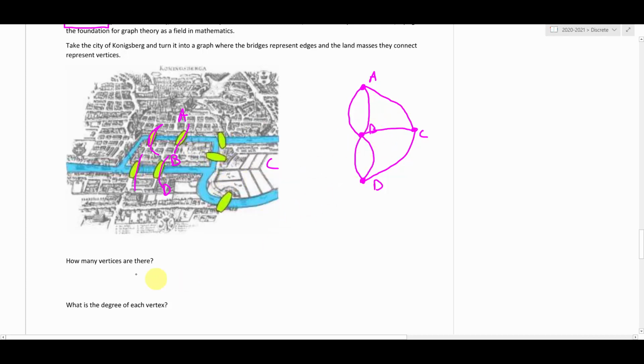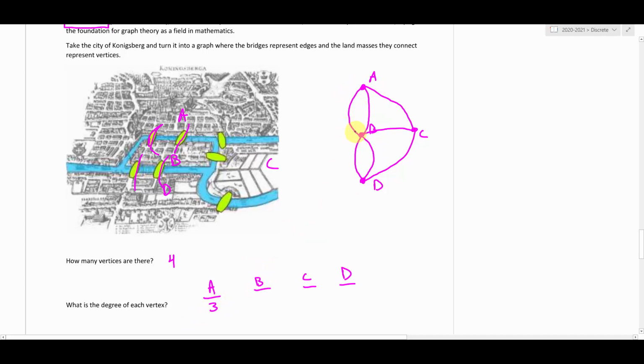So we've got a graph, and the first question we want to know is how many vertices are there? Well, there's 1, 2, 3, 4 vertices, and then it wants to know the degree of each vertex. So let's just list them out here. We got A, B, C, and D. If I look at vertex A, there's 1, 2, 3 edges, so it's got a degree of 3.